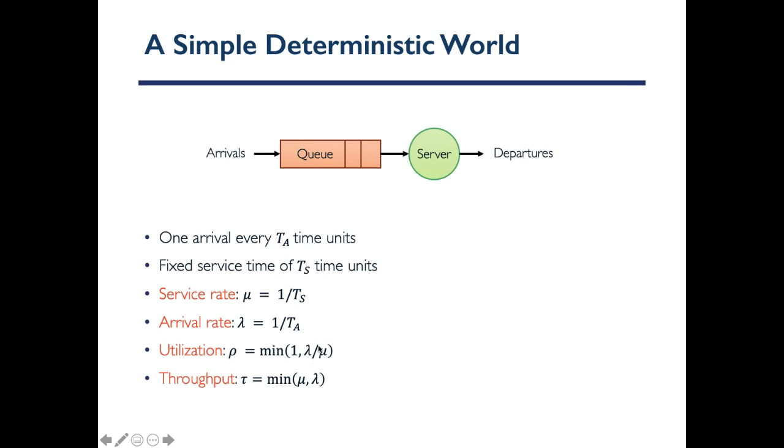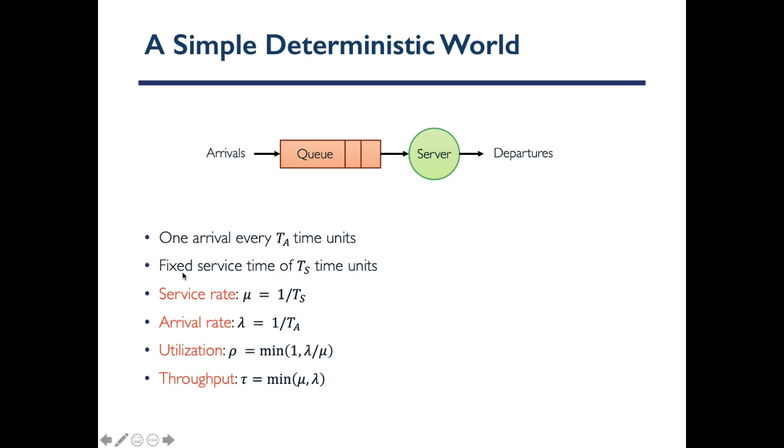Now, thinking about utilization, if you get one request every 4 seconds, and each request takes 2 seconds to be processed, then the utilization is 2 divided by 4, which is half.